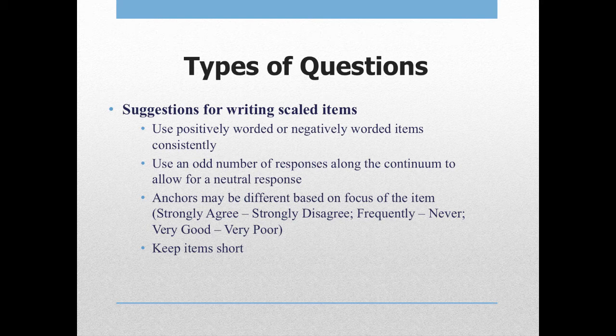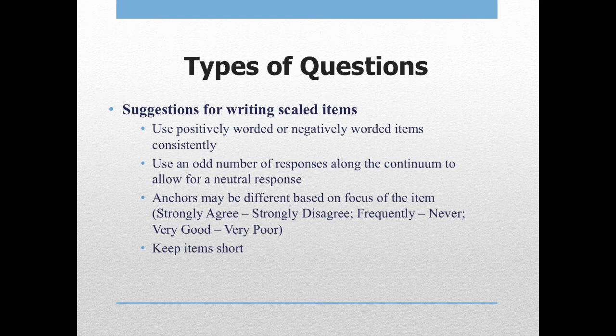What we're getting at here is that somebody might miss that "not," the thing that makes it negative, and then they answer your question wrong, and then that question is invalid for you. So if you're going to use positively worded items or negatively worded items, never have just one, and try to keep them together so that people don't get tripped up.